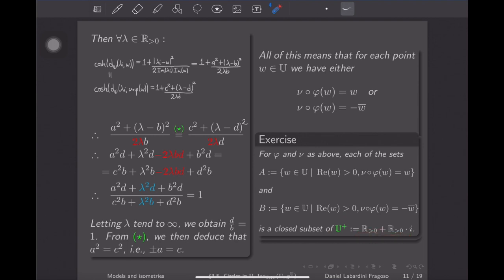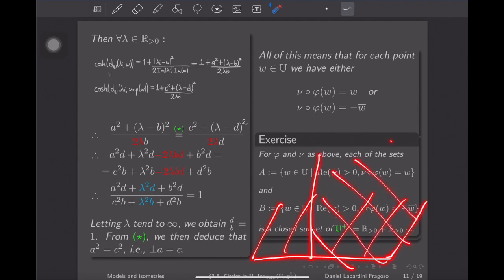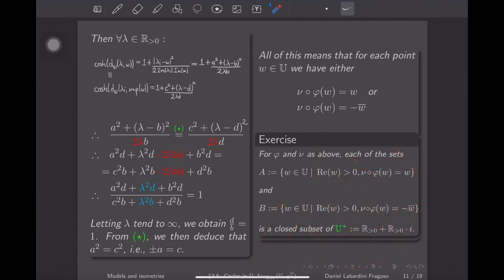So U is like this, and then U plus is this part, kind of half of U. Consider the following sets: the set of points in U plus that are mapped to themselves by nu of phi, and the set of points in U plus that are mapped not to themselves but to their reflection with respect to the positive part of the imaginary axis.